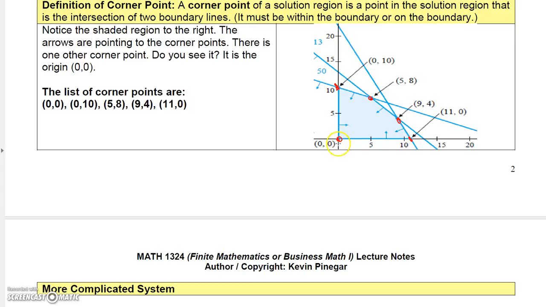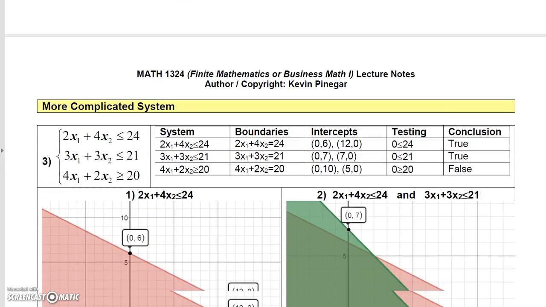For this region right here, (0, 0) is a vertex, (0, 10) is a vertex, (5, 8) is a vertex, (9, 4) is a vertex, and (11, 0) is a vertex. So these are called corner points. And these corner points are important for us as we get into linear programming.